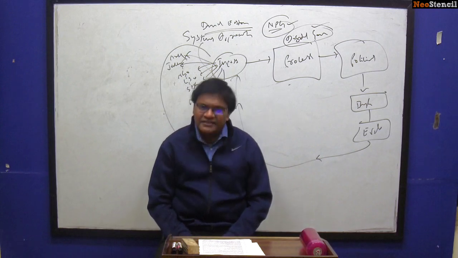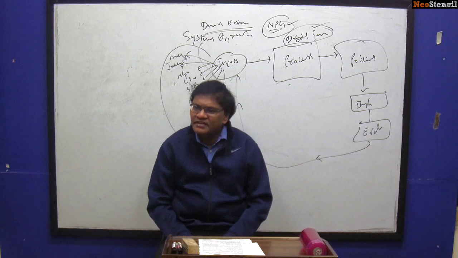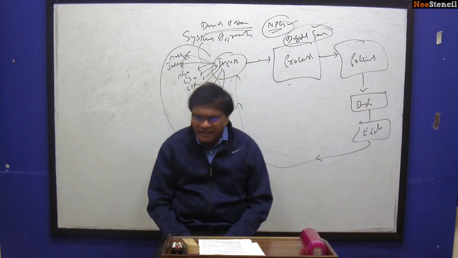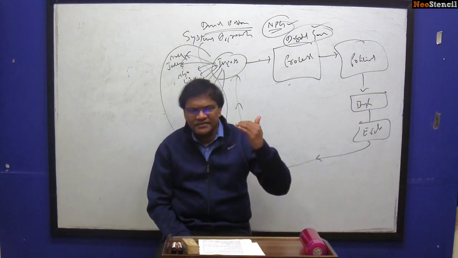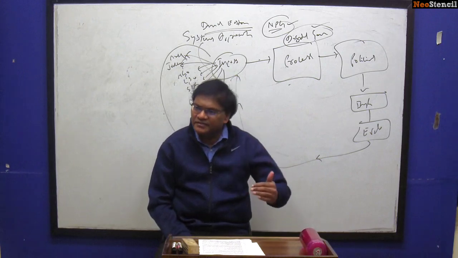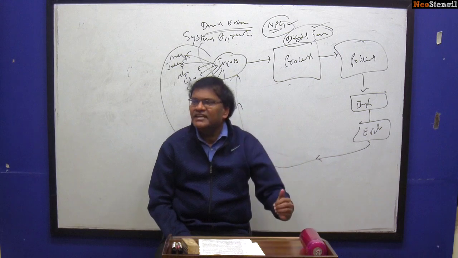For example, FRBM. Why did we come out with this FRBM legislation? To reduce our fiscal deficits. Why? If your fiscal deficits are very high, your financial situation will be much worse. At the global level, your ratings will be very low.